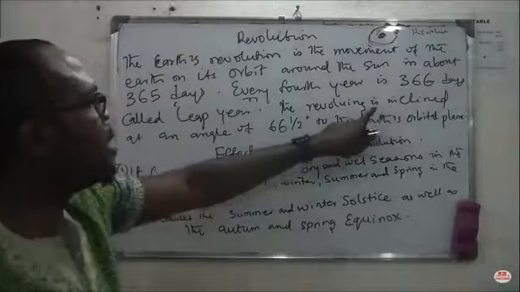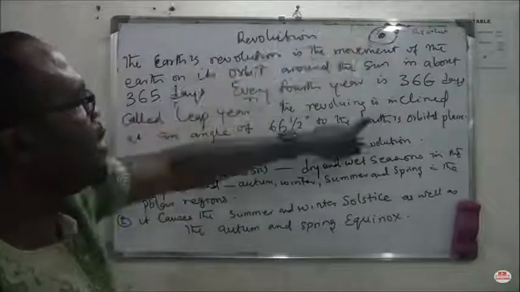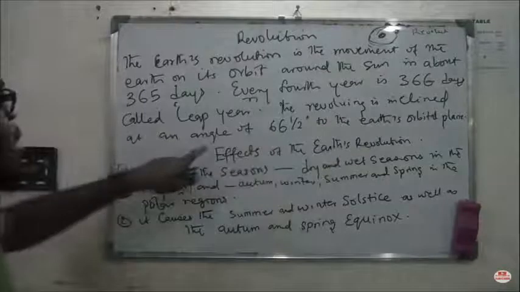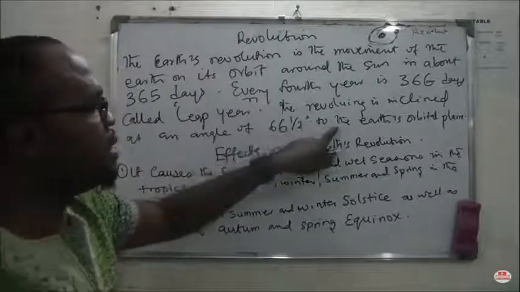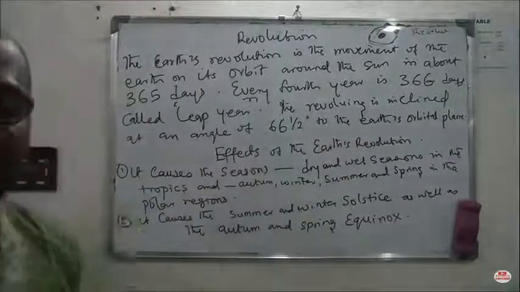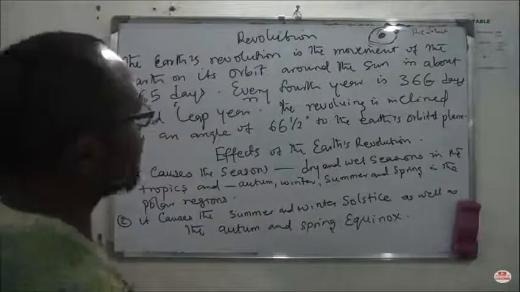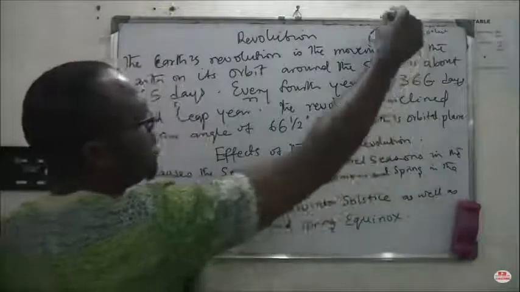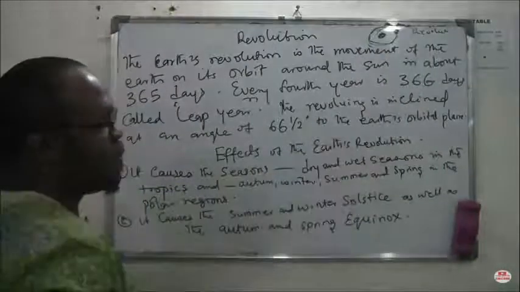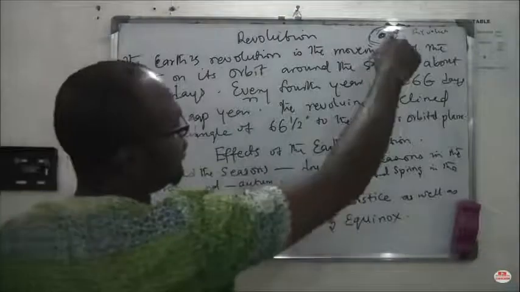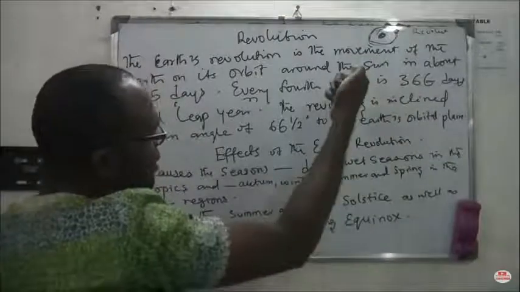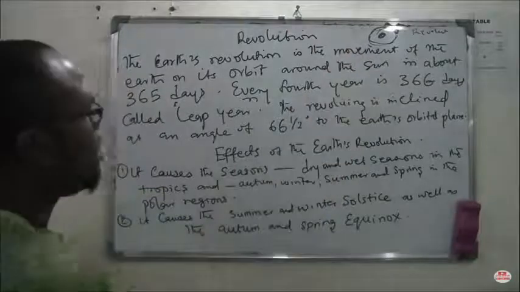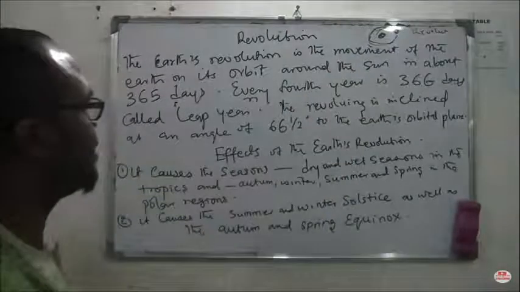The revolving of the earth round the sun is done at an angle of 66.5 degrees to the earth's orbital plane. So you see that this revolution is not done on a perpendicular axis with respect to the orbital plane of the earth. It is actually slightly inclined.